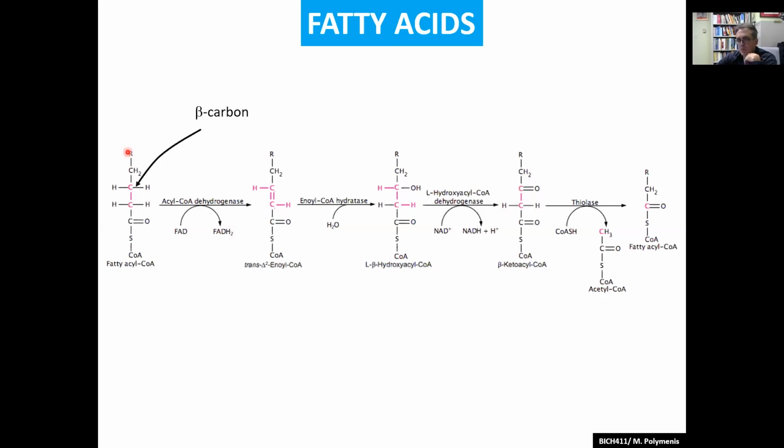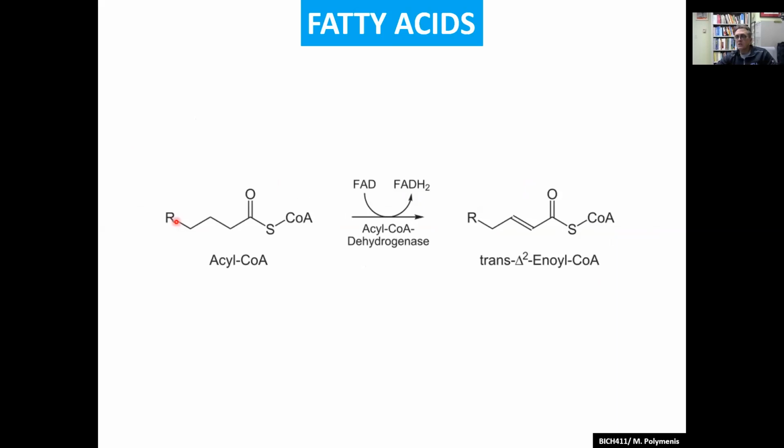So that's the beta carbon again. So let's see. We have acyl-CoA. The first thing we do is we oxidize to a double bond between the alpha and beta carbons. So that's the double bond we generate here.